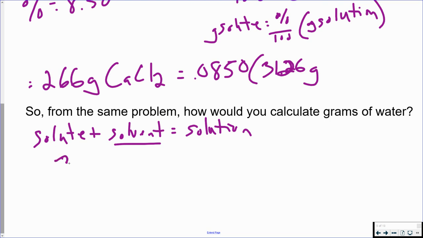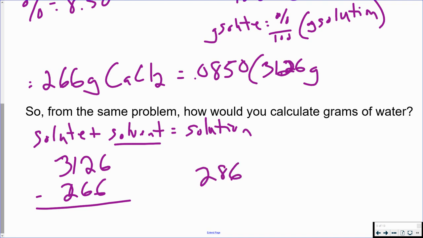You just take your 31.26 and subtract your 2.66, giving us a grand total of 28.60. Now, this has to have a decimal place because when you subtract or add, we go by the least number of numbers behind the decimal point. Since they don't have a number behind the decimal place, you can only go to the ones place value.